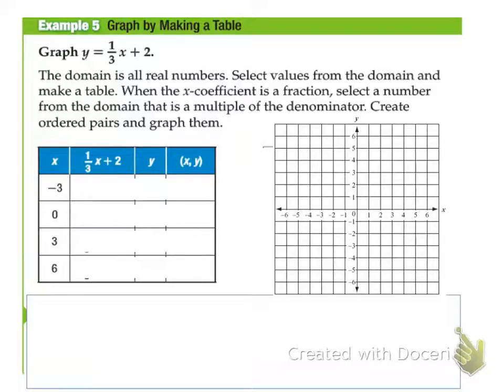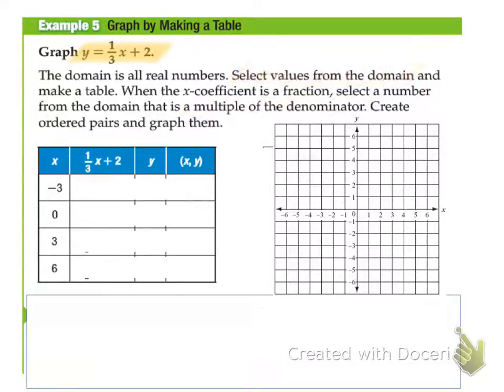We're graphing by making a table first. Now, this example, you'll notice, has a fraction. And it's a little bit more difficult to graph making a table, but you can do it, I know it. The important thing is that you select values from the domain. Remember, the domain is the x value. And when you're selecting them, keep in mind that you should pick numbers that are multiples of the denominator, because that x coefficient, or the number in front of x, is a fraction.